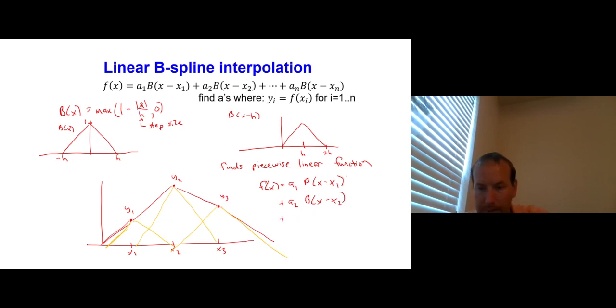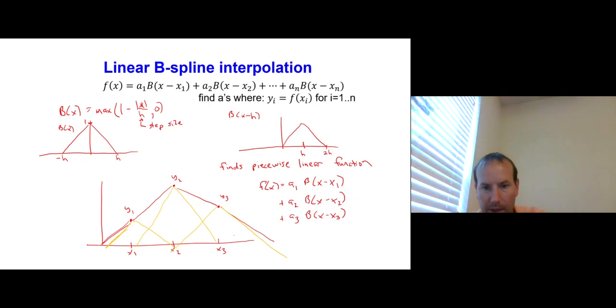Plus a3 times B(x minus x3). So the third one is shifted by amount x3. Okay, so that's the idea that we're going for.